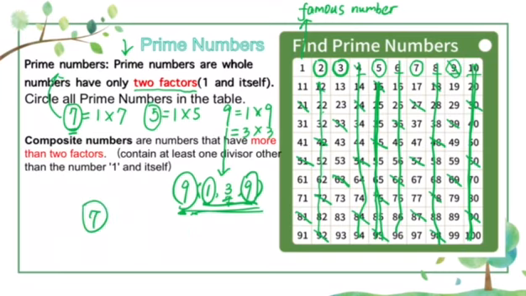Next one, drop the numbers that are multiples of 7. 7, 14, 21, and then 28, and then 35, and then 6 times 7 is 42, and 7 times 7 is 49, right?